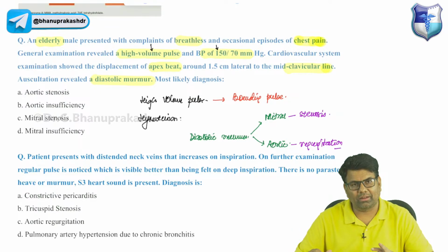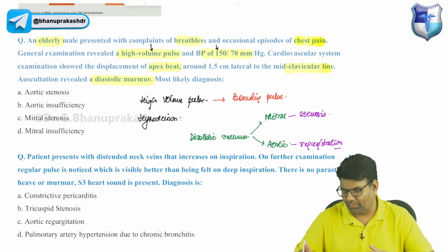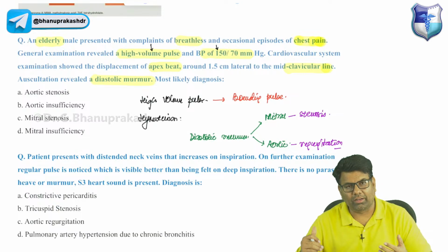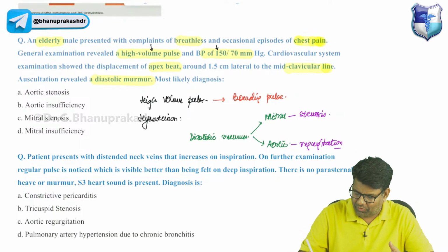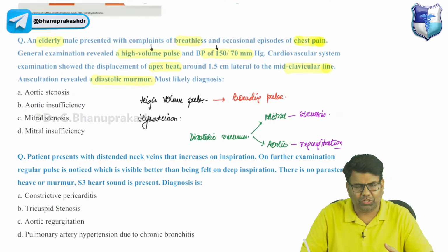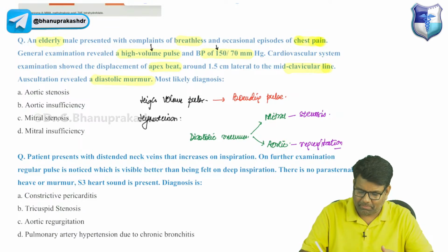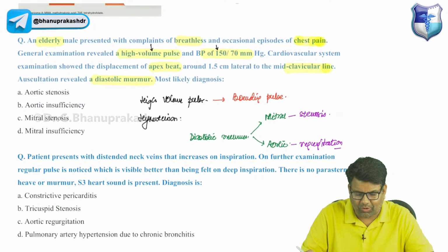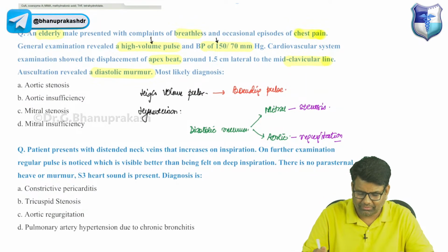So diastolic murmur can have two possibilities: either stenosis of the valve before the ventricle or regurgitation of the valve after the ventricle. If you take the two differential diagnoses for this case, you can make out the better answer. What will it be? MS or AR? Out of these two conditions, what will be your better answer?